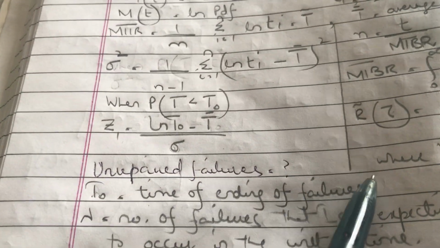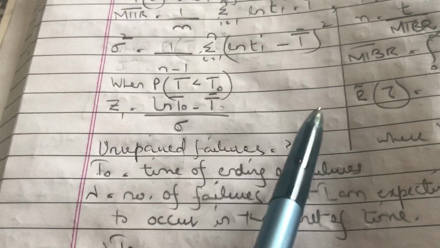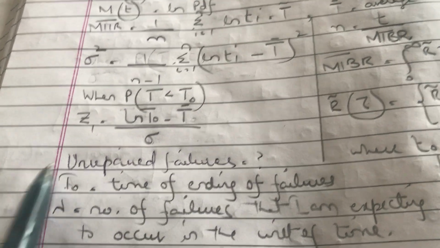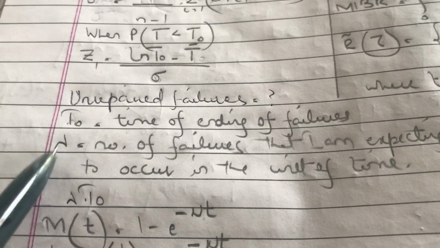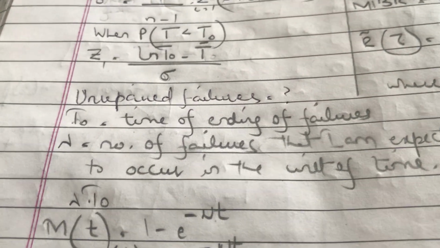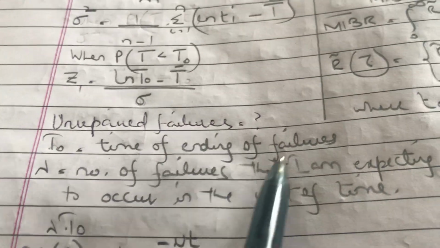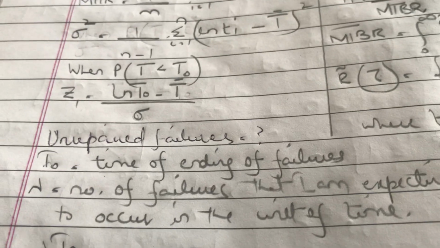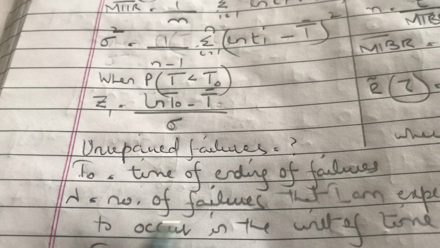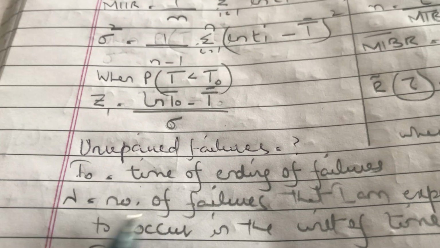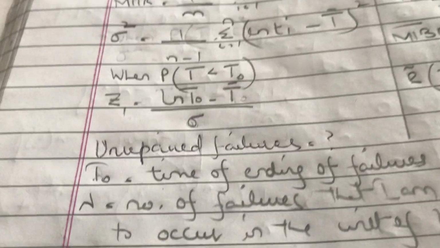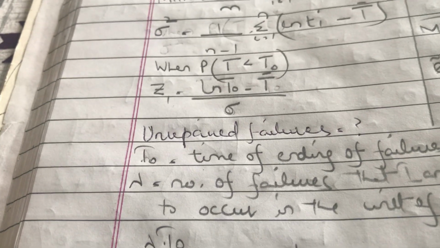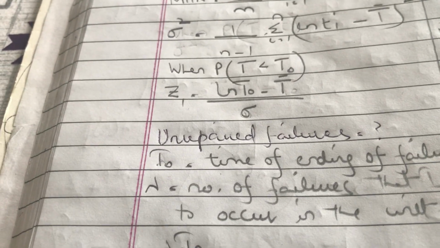Now the overall time at which the failures end is represented by T0. And we have lambda. You know, it is the failure rate, the number of failures that I am expecting to occur in a unit of time. So how many more failures can be expected in a unit of time.